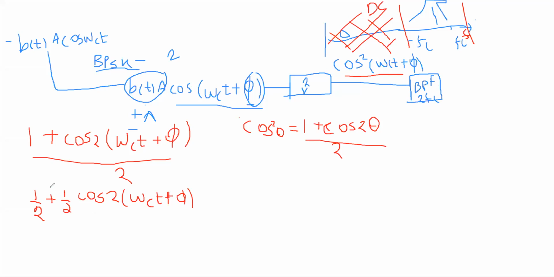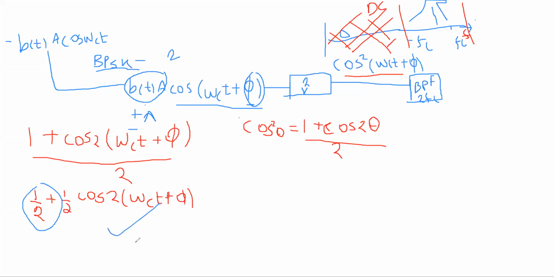Okay, so what it does is it will not allow this one half, which has a DC frequency. It is a constant signal nearer to your zero frequency. As I have explained before, it will not allow this one half signal to pass through this band pass filter. It will only allow this signal to pass.